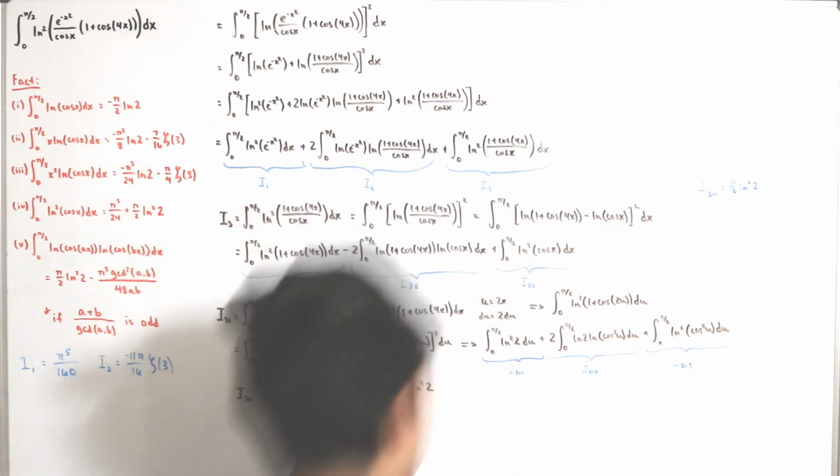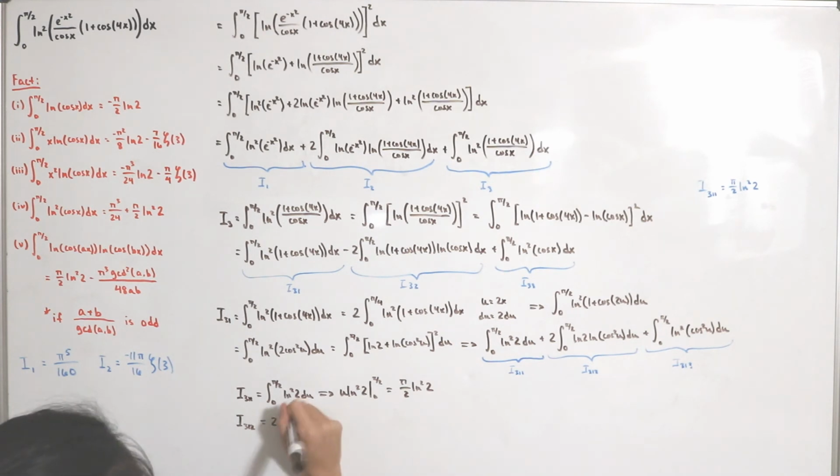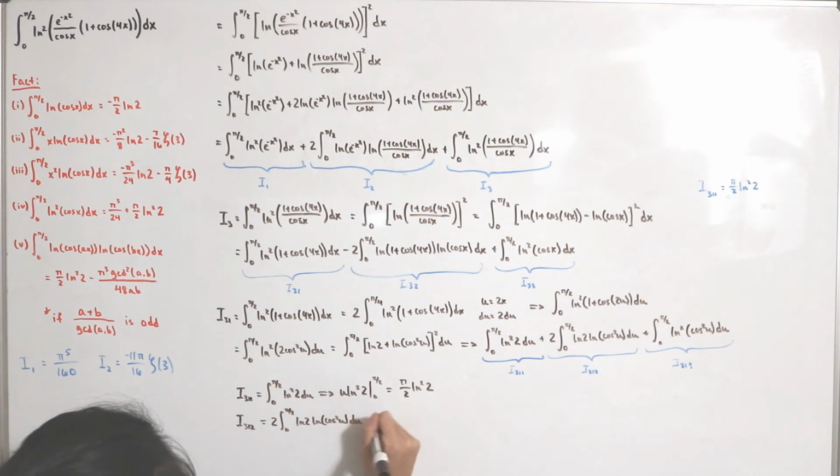Now the next integral we have to calculate is I sub 312, and let's see. This is 2 times the integral from 0 to pi over 2 of ln 2 ln cosine square of u du.